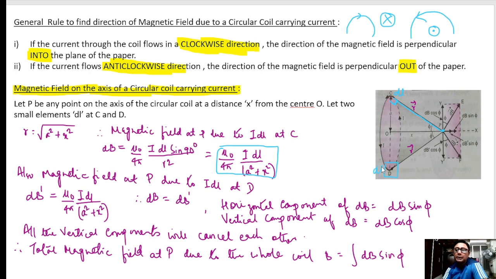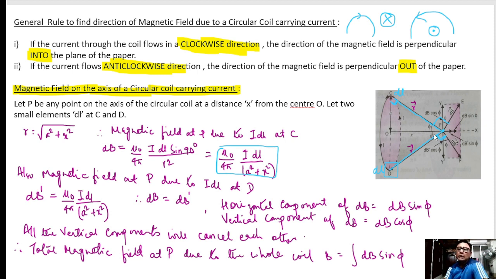We take a current element here, and due to the dl part, the magnetic field at distance r will be in this direction. Suppose this makes an angle phi. Magnetic field is always perpendicular, into the paper.